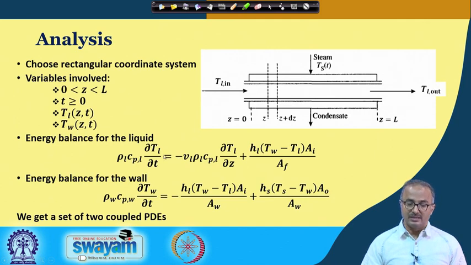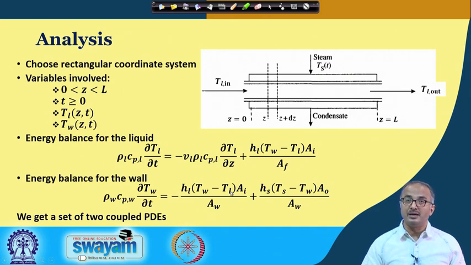Now, with these two equations in hand, they will give us the variation of the temperature of the tube wall and the liquid. In these two equations you find that if I want to solve for TL, I need the value of TW. But for knowing the value of TW, I have to solve this equation, which can be solved if I know the value of TL.